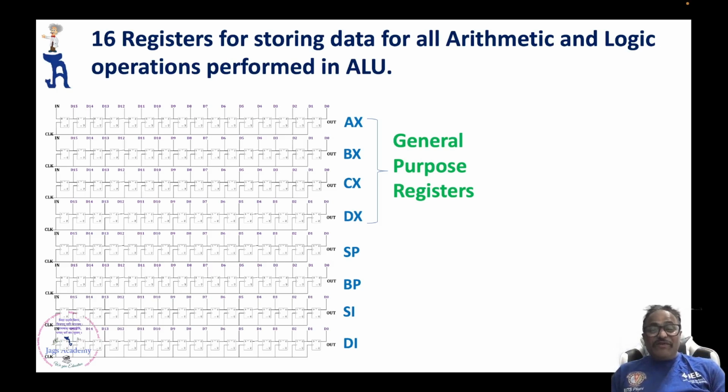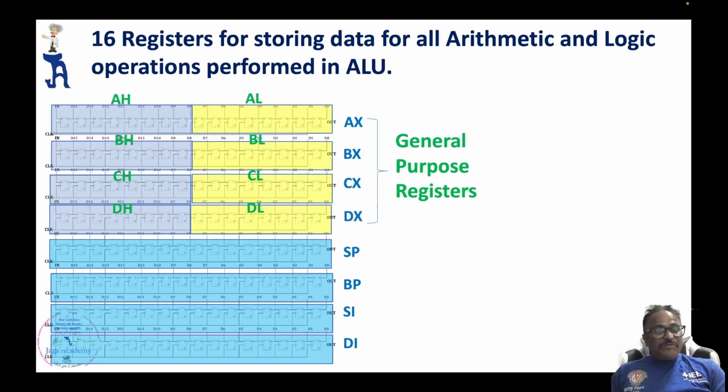Ultimately, these four registers are used for the specific purpose of stack operation and string operation. And also, these general purpose registers not only give a storage capability of 16 bits, they can also be used as two separate 8-bit registers.